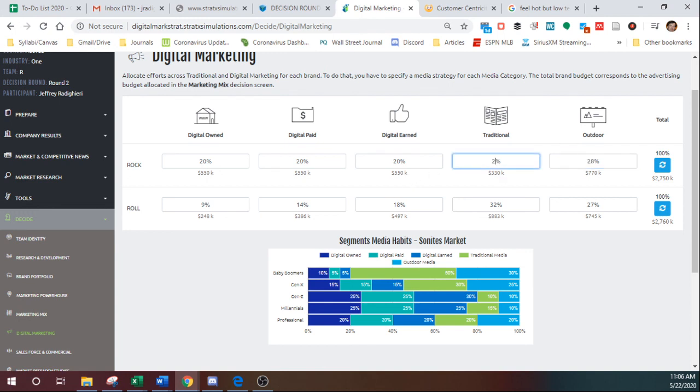So you would probably want to convert all these to 20%, so they perfectly match the preferences and will give you the most bang for your buck. So that's it in terms of marketing mix and a little more of a rehash there on digital marketing.